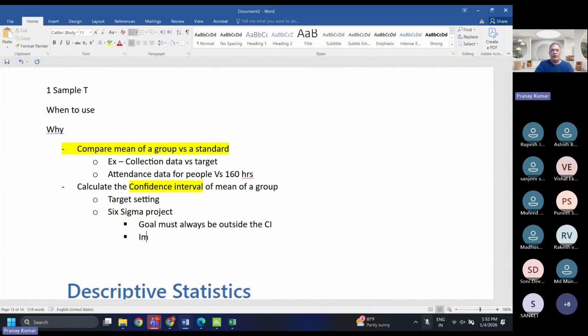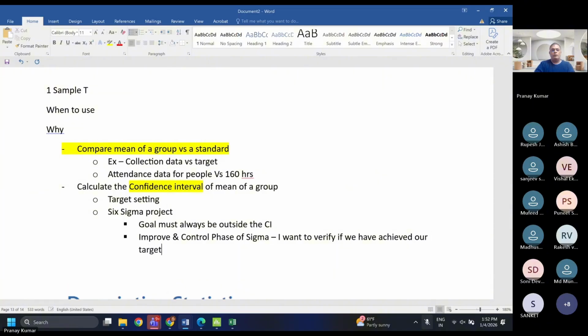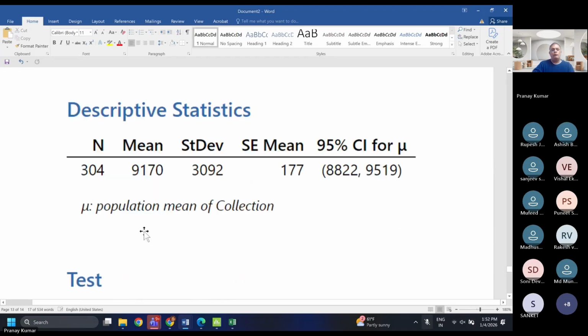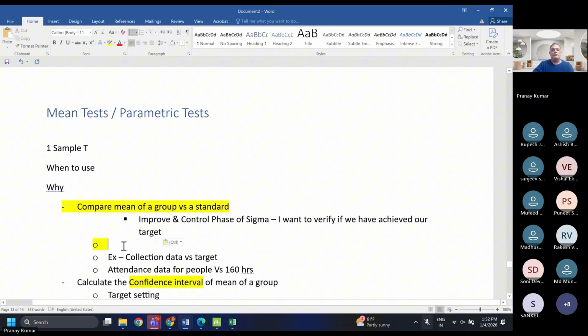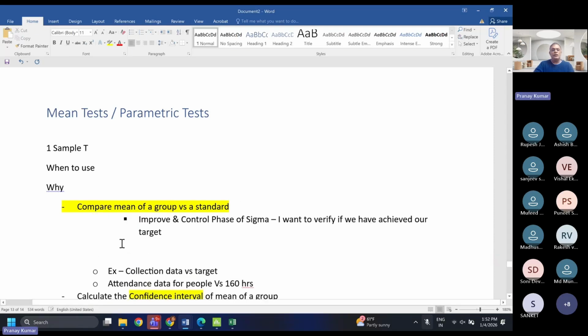दूसरा, अगर हम इम्प्रूव और कंट्रोल फेज में हैं, and I want to verify if we have achieved our target, ये काम तो ये कर रहा है ना? पहला फंक्शन क्या था वन सैंपल टी टेस्ट का?